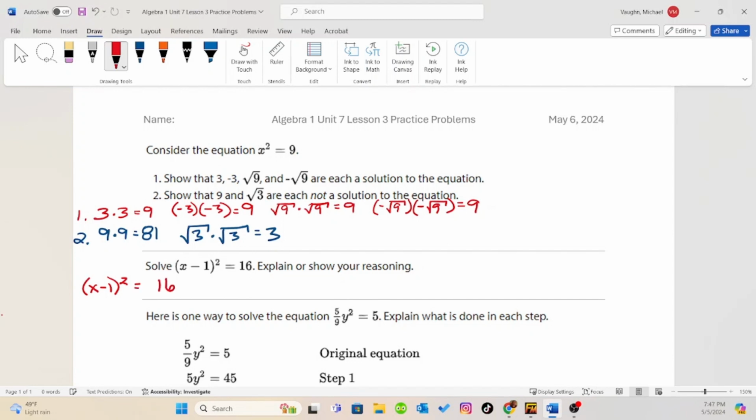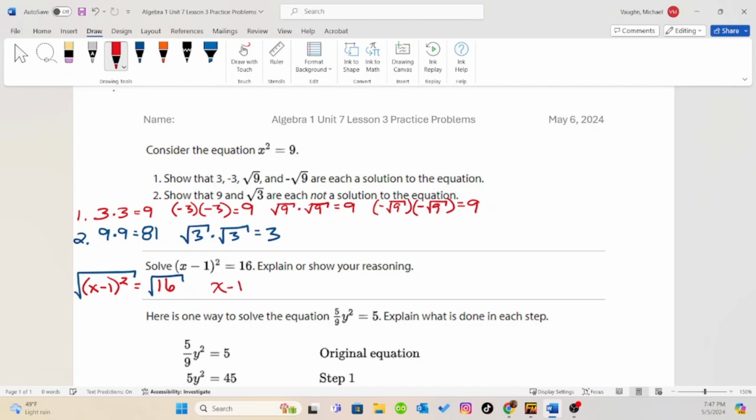equals 16, the first thing we want to do is take the square root of each side. Anytime I take the square root of something squared, then what I have left is just what was inside.